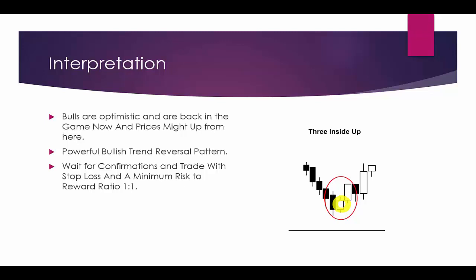We will wait for confirmation like RSI, moving averages, Fibonacci or anything else, then it will be very fine. And this lowest point will be our stop loss. I will explain on the charts also, and we will trade with a minimum 1:1 risk to reward ratio.